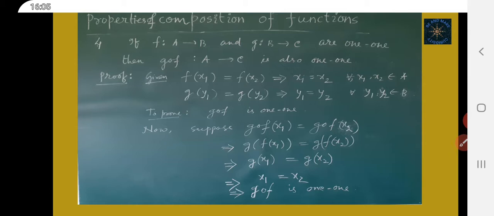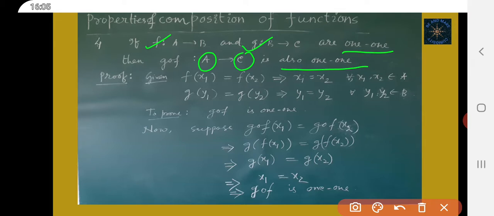Here you see this function f mapping from A to B and g mapping from B to C are one-one functions. Then GOF mapping from A to C is also one-one.